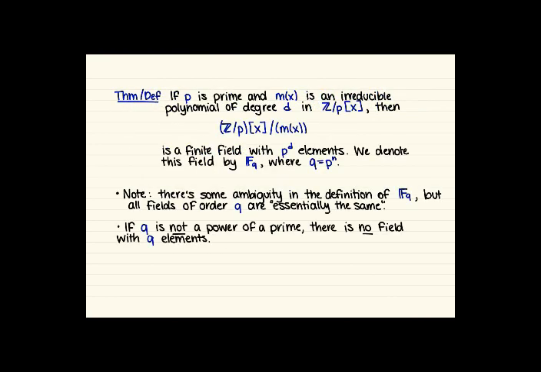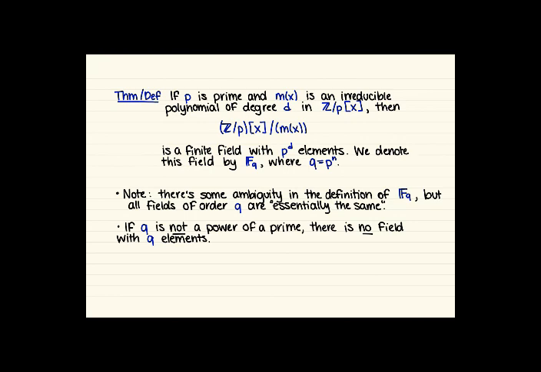All right, so we have that if p is prime and m of x is an irreducible polynomial of degree d in Z mod p adjoin x, then Z mod p is a field. And if m of x is irreducible, then Z mod p adjoin x mod m of x is also a field by our previous theorem.